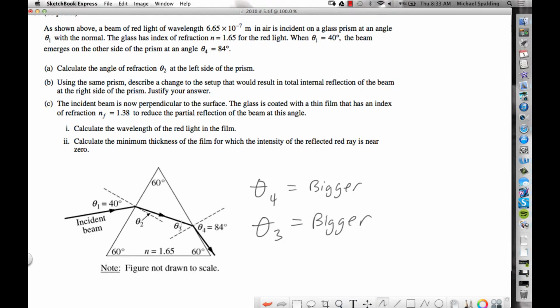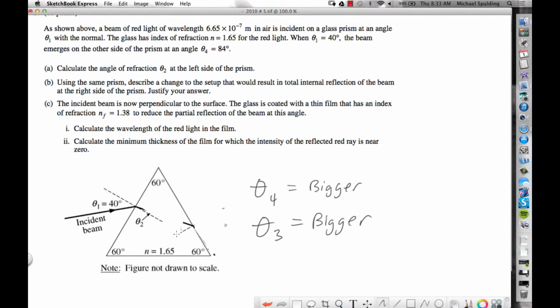If this angle in here gets bigger, let me try to show it. Instead of this ray coming down like that, it would need to hit like that. Here's the normal line. Sorry guys, I want to make this super clear. So instead of this situation, let me erase this.